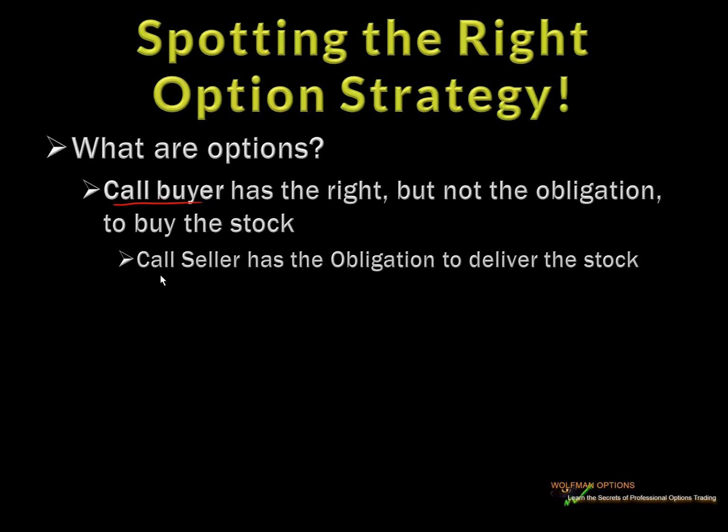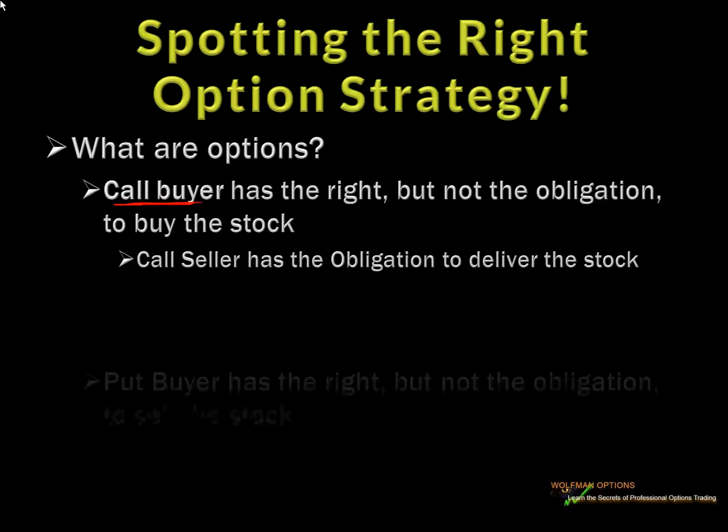And that's only if the call buyer decides to execute the contract, which means to say, hey, I want to buy that stock at that strike. That's the only time that will happen. And usually that will happen closer and closer to expiration. If you are 100 days out, it is most likely nobody's going to assign you on that call.